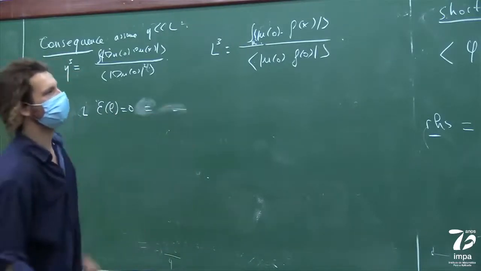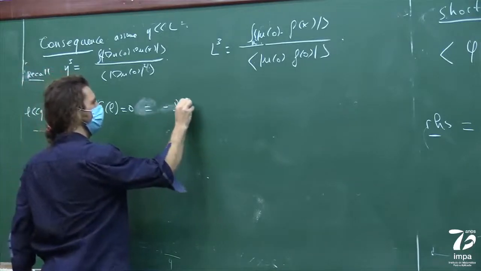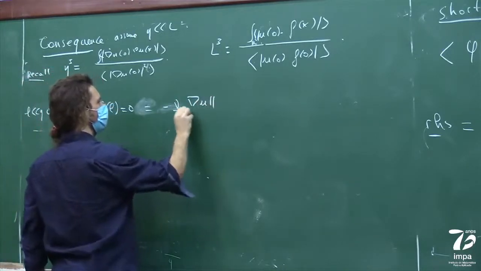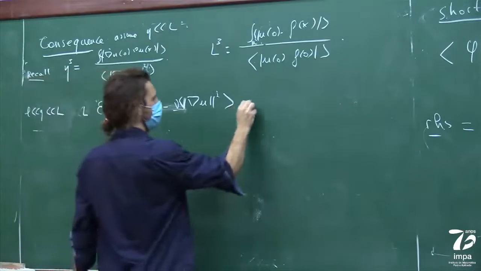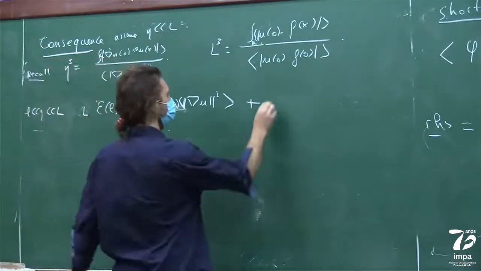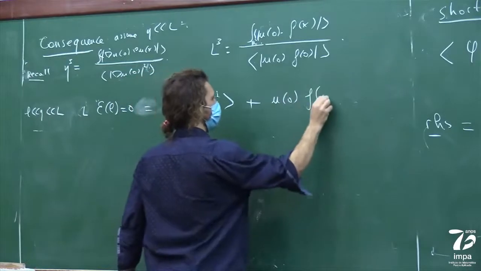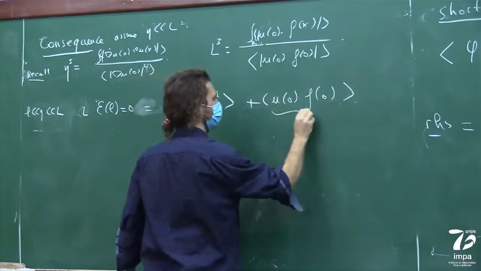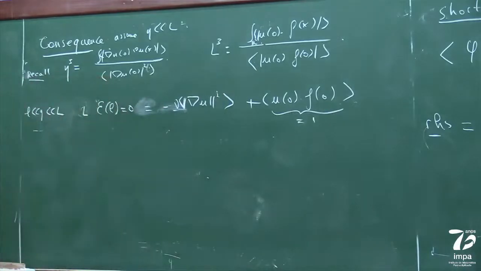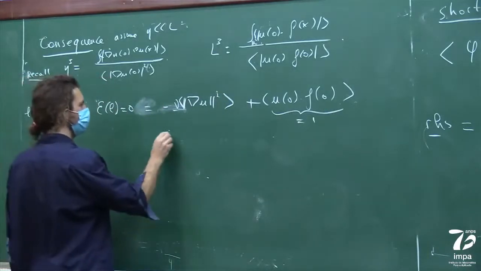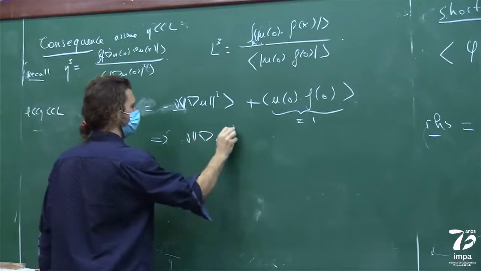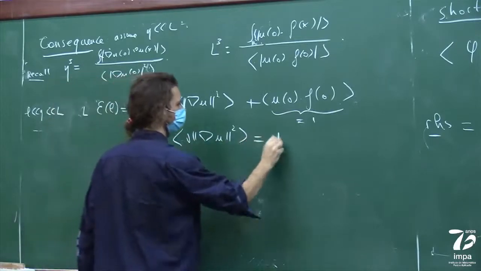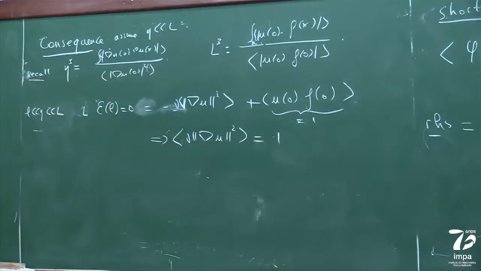And here you have simply minus nu times the correlation at 0 plus u0 at 0. And this we call 1. Consequence is that we obtain that nu, the dissipation, is equal to 1. First range.